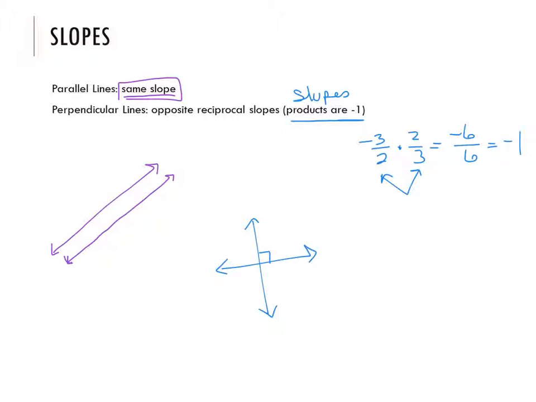A little bit faster of a way to say, what do you know about the slopes of perpendicular lines, is that they have opposite reciprocal slopes. So opposite is in sign, so they're going to have opposite signs. So one's positive, one's negative. And then reciprocal means that you flip that fraction.